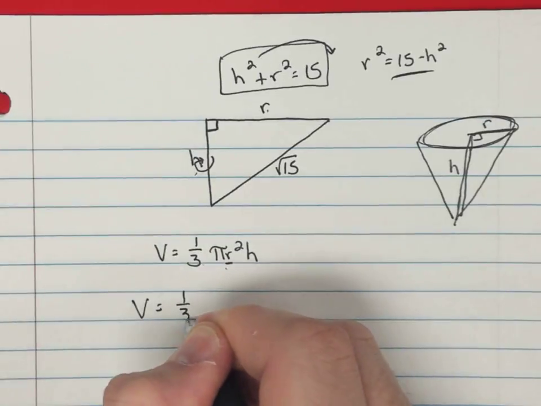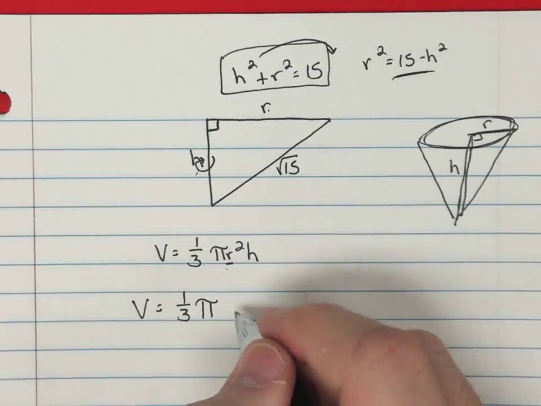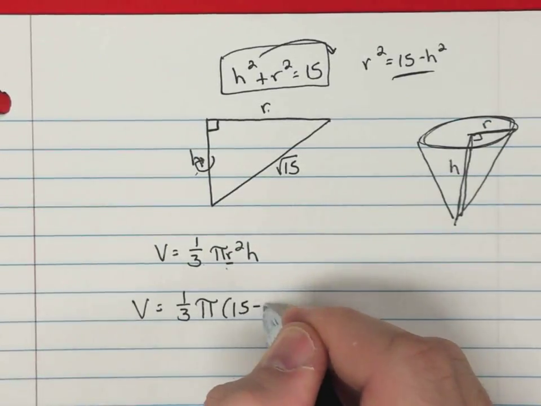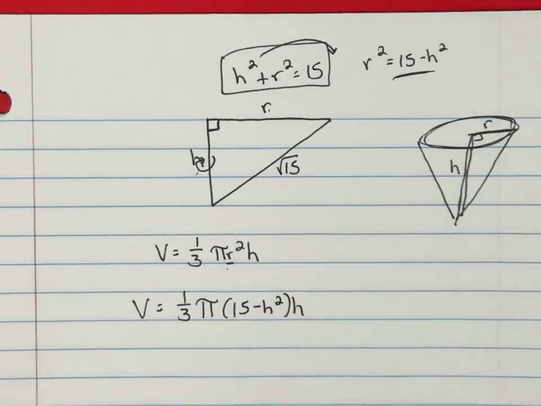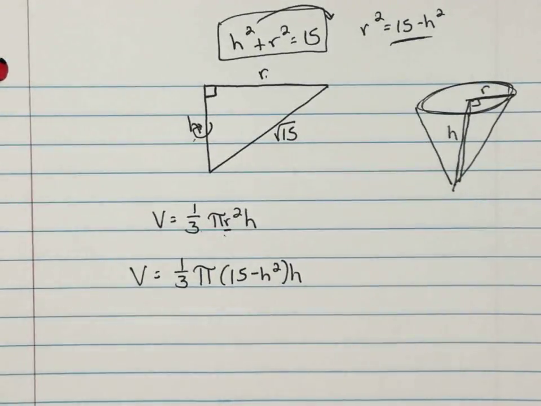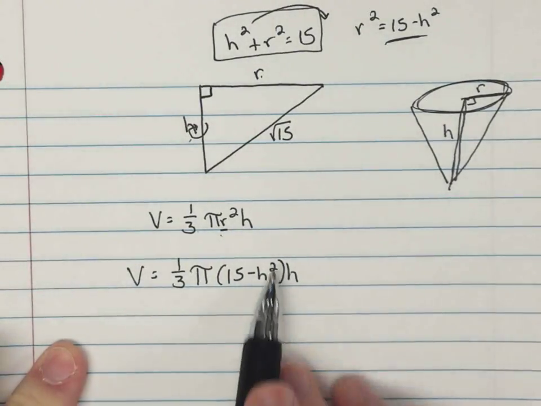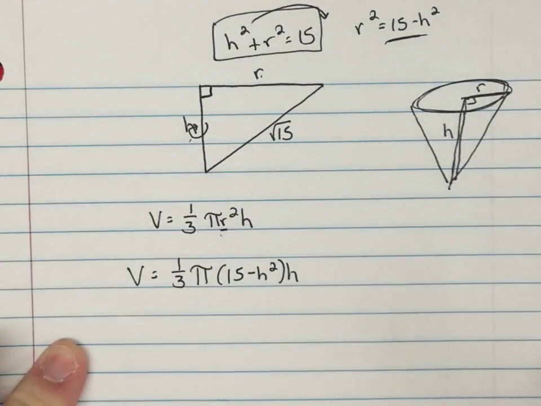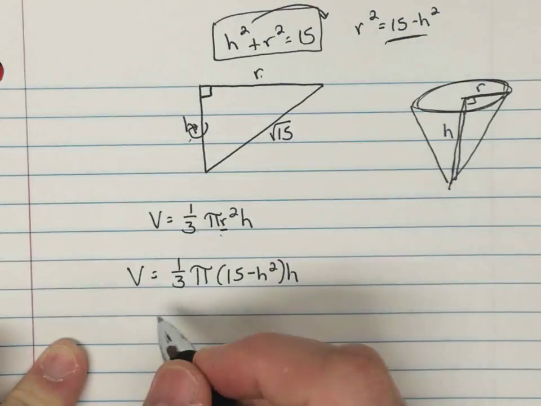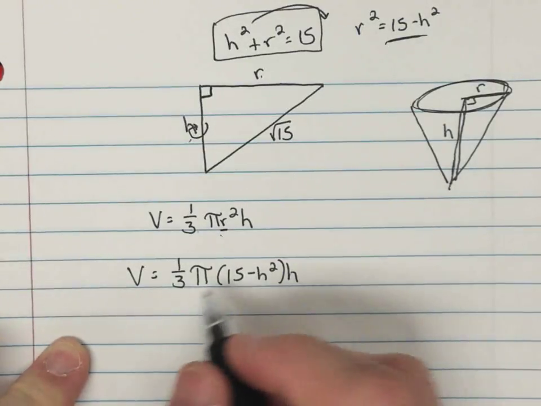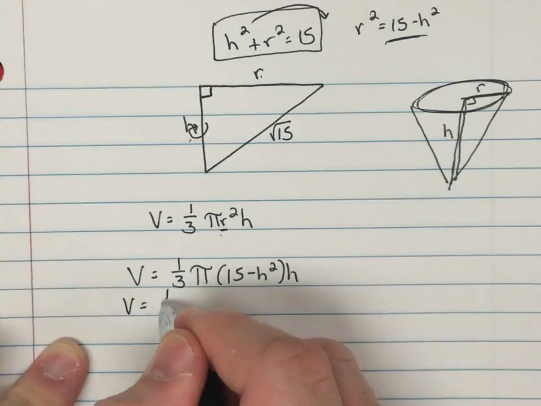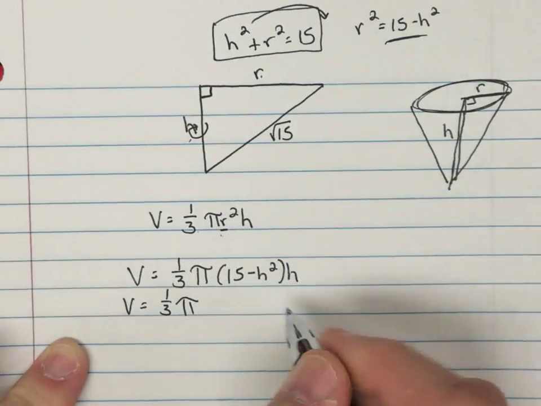Volume is equal to 1/3 pi. Instead of R squared, I now have 15 minus H squared, times H. Since I did have that connection, I could get rid of a variable. If you didn't have this, it would have been impossible. You'd have two different variables, and that's a little bit deeper. Let's clean this up some. Volume is equal to 1/3 pi.